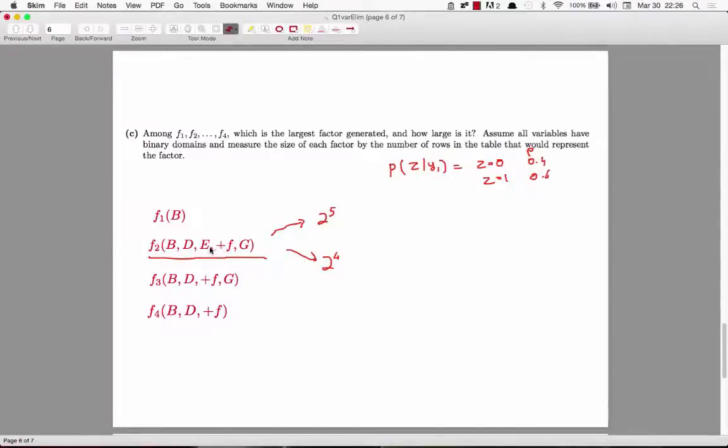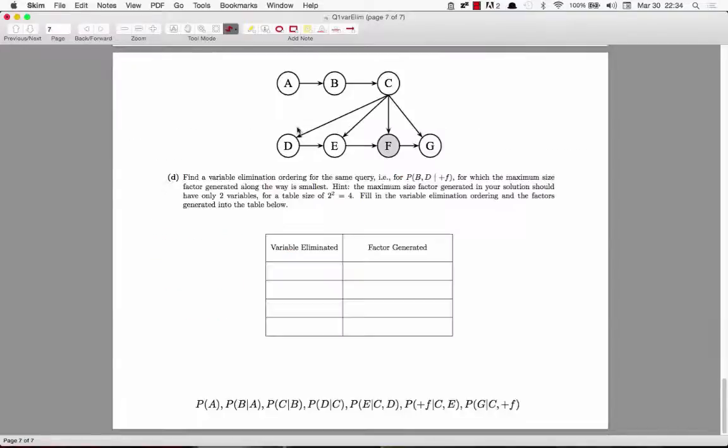So there are only 4 variables in f2, and each of those could possibly take 2 values. The size of f2, or the number of rows in f2, would be 2 to the power 4 and not 2 to the power 5. So the answer to part C was 2 to the power 4 because we had 4 variables in f2. In this part, we are supposed to find a good elimination ordering.